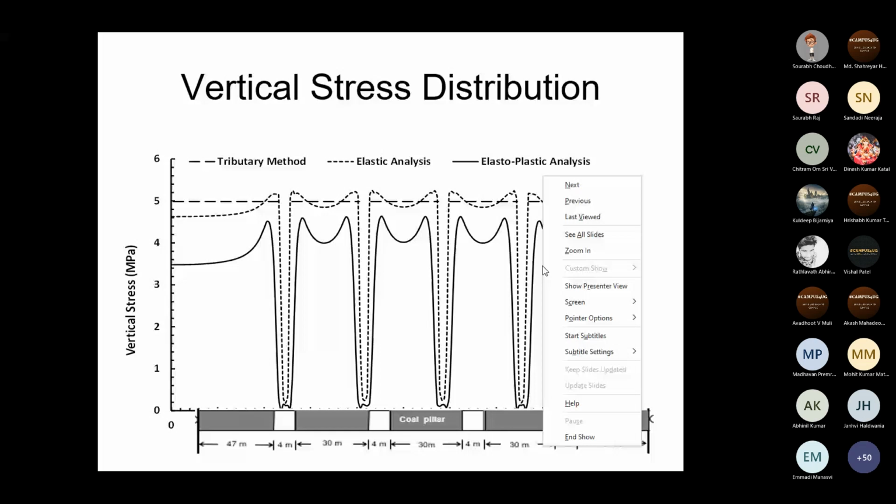Okay, so can you give me a comparison? One question I had asked you: what is the difference between the elastic analysis and the elastoplastic analysis? Sir, in elastic, we are considering force is proportional to deformation, and in elastoplastic, it is not directly proportional.